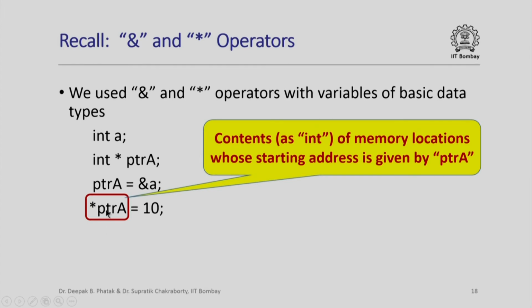So, when I say star pointer a, I am saying the contents as integer of the memory locations whose starting address is given by pointer a, and those contents of those memory locations should be updated to the value 10.